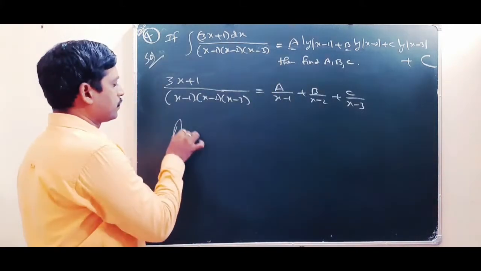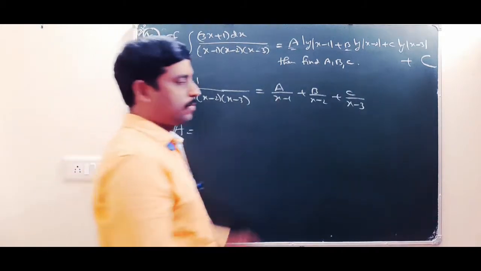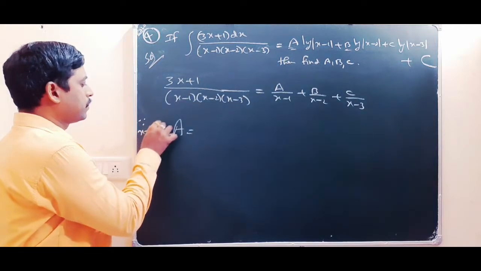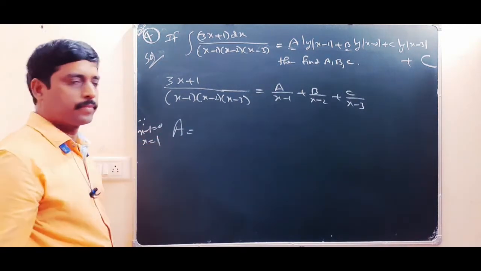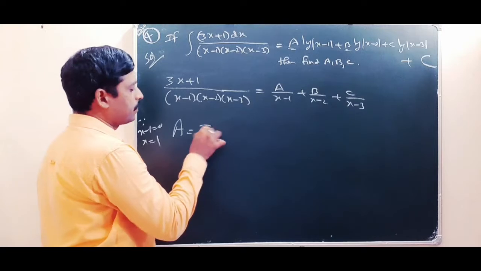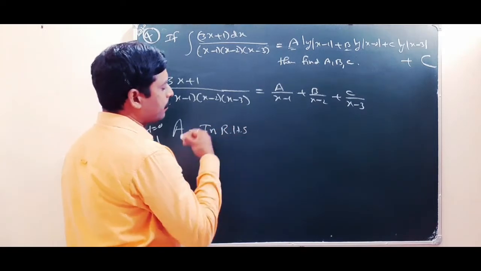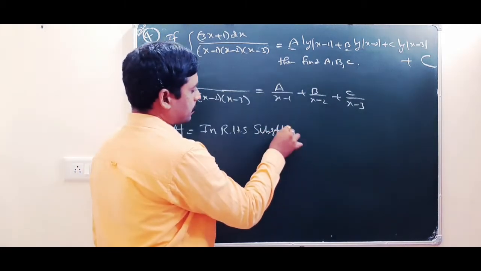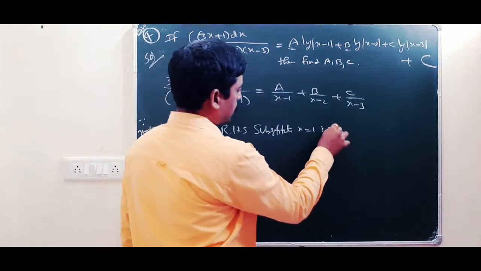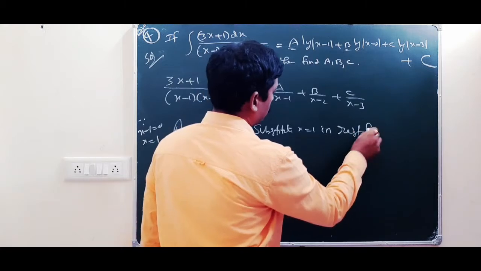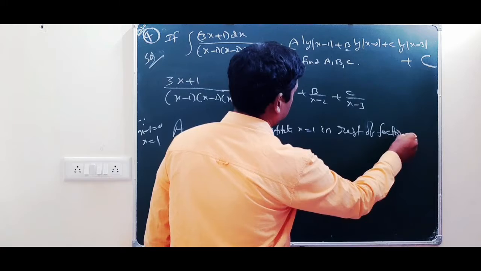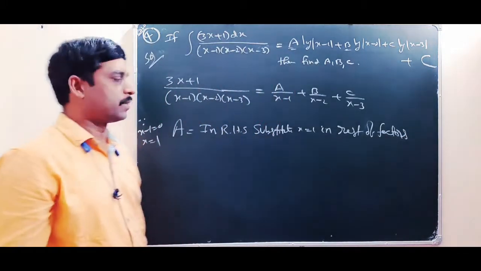A is equal to, so the denominator of a, what is there? X minus 1. Since x minus 1 equals 0, x is equal to 1. In the right hand side, substitute x is equal to 1 in the rest of factors.